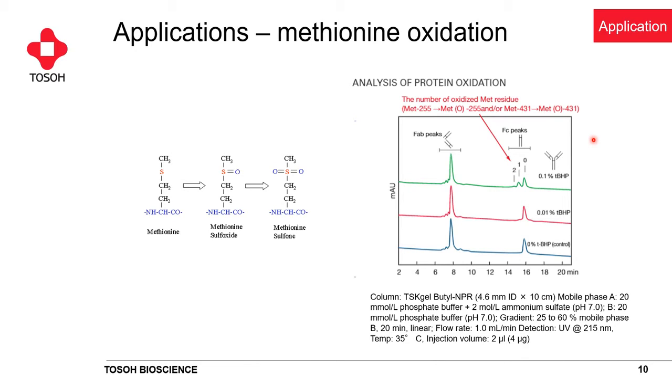To explain this, we need to know that our Fc part actually contains two methionines, and therefore we have two possibilities to oxidate and probably have those three peaks. Again, we find the peaks smaller and eluting before our main peak, which indicates that we have a less hydrophobic structure in here.